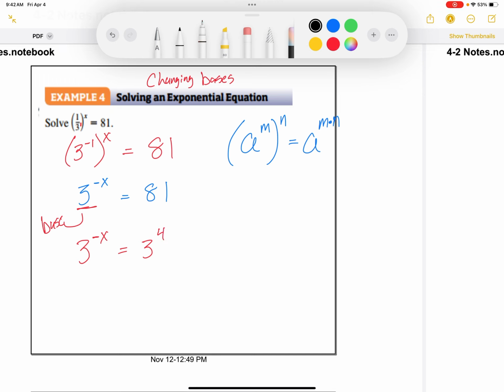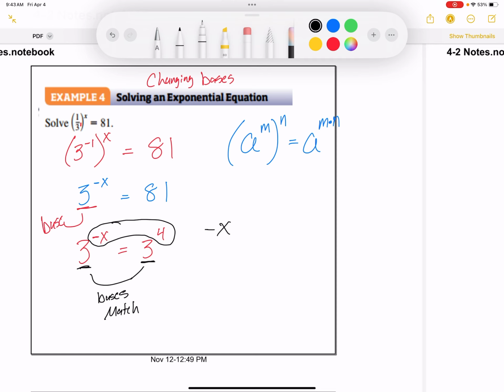Now, the purpose of changing our bases is to make the bases match. When the bases match, think about this: 3 to the negative x power is equal to 3 to the 4th power. Well, what does that mean? That must mean that this power right here equals 4.